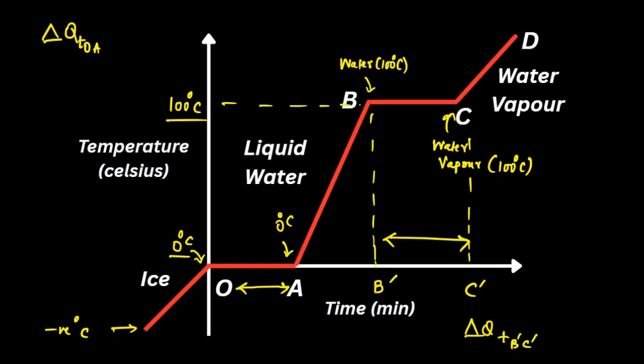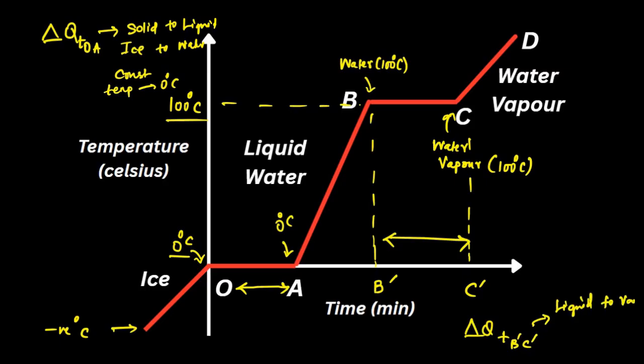This is from solid to liquid, that is ice to water at constant temperature of 0 degrees Celsius, and this is from liquid to vapor, that is water to water vapor at constant temperature of 100 degrees Celsius.